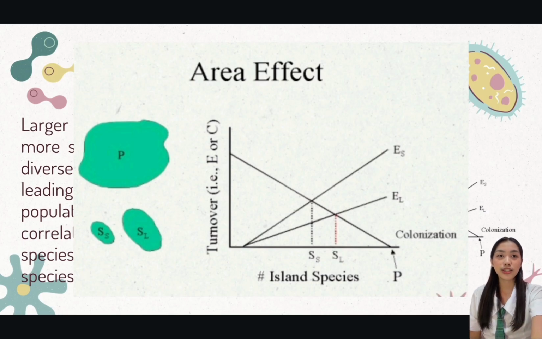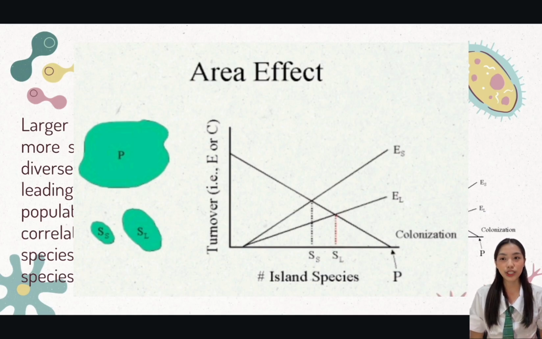Yan, ito yung colonization line, it intersects the extinction line that represents the equilibrium number of species. Because the extinction line for large islands is lower, it intersects the colonization line further to the right. That results in a higher equilibrium number of species, or that represents the SL here below, compared to the small islands.